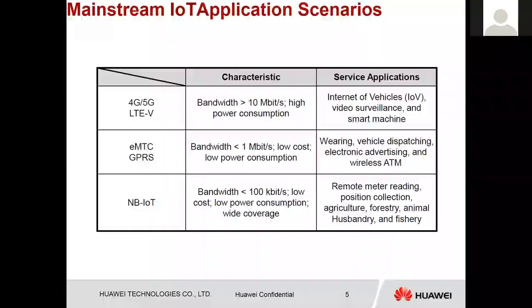The last one is NB-IoT. This is for minimum bandwidth, and the lowest cost and the lowest power consumption. Actually, in theory, it can support 10 years with its battery, without charging and without changing the batteries.